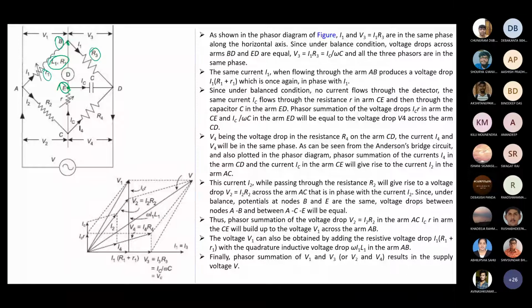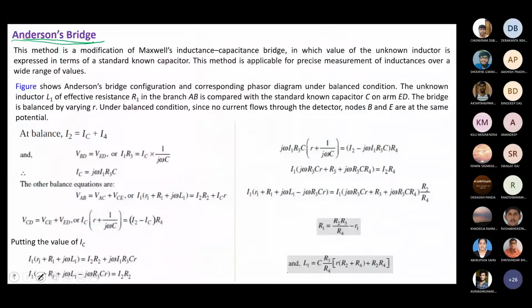So first we know that Z1 value. If you see that expression, at balance condition, the modification is a modification of the Maxwell inductance capacitance bridge. In which the value of the unknown inductor is expressed in terms of the standard known capacitor.